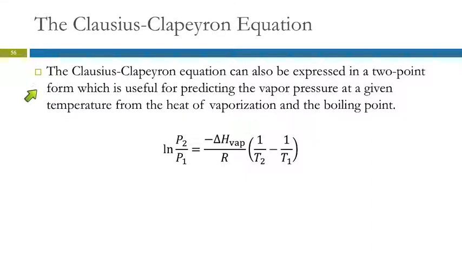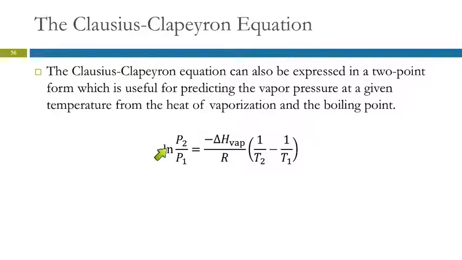We can express it in a 2-point form, and I'll spare you how you end up with this 2-point form. I will give you this equation on your list of equations and useful information for the exam, so you don't have to memorize the equation itself, but you should know how to use it because pretty sure I'll put one of these on the test.